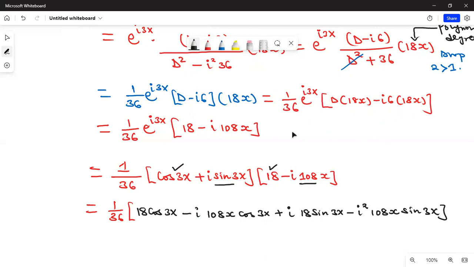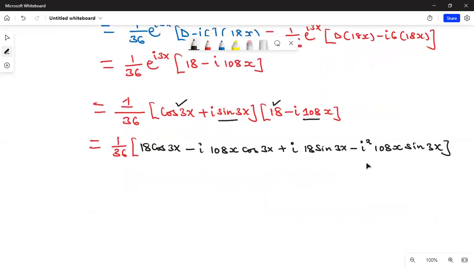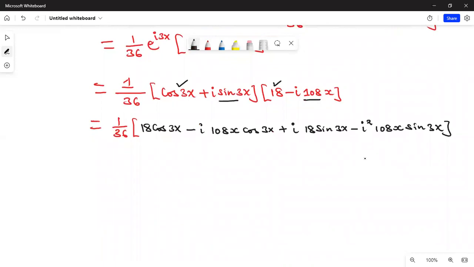I've multiplied those two brackets. And remember, I squared is -1. You can take note of that. So where we have I squared, we are going to replace that by -1.